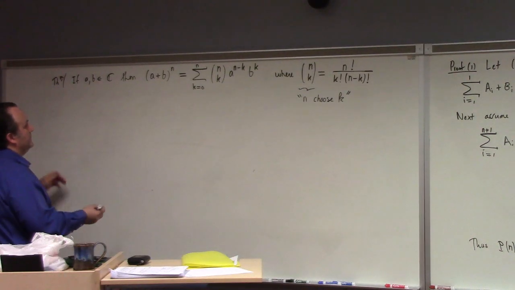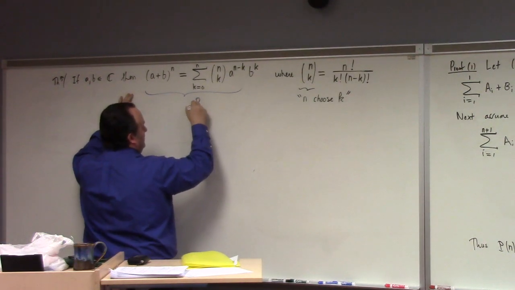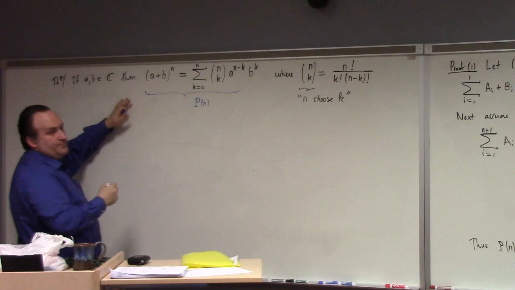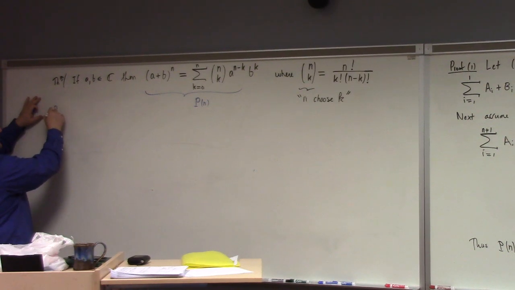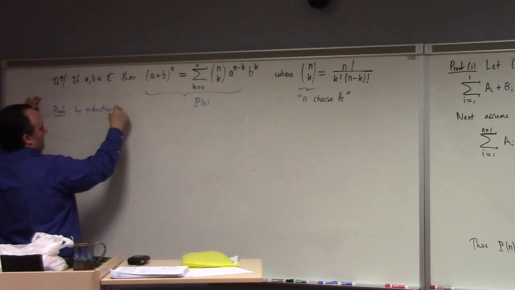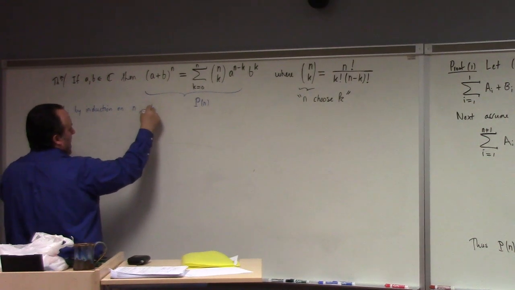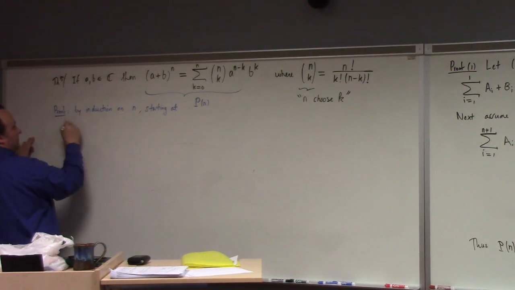All right, so this is my induction claim. Let's call this whole thing P of n. The proof is by induction on n, starting at n equals 0.